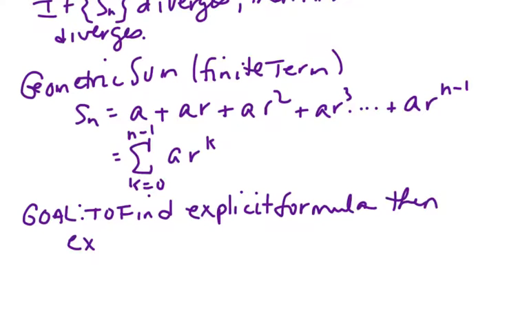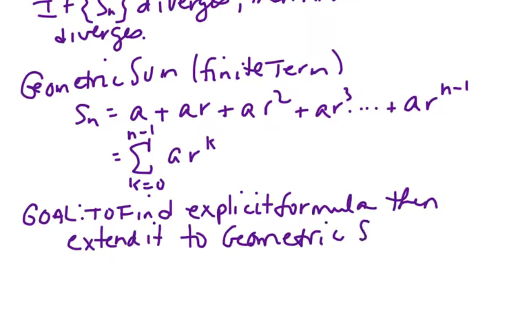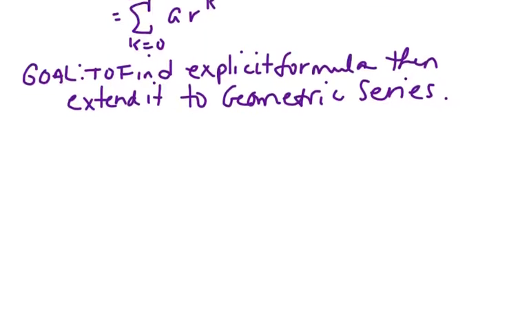So we'll go from the geometric sum to the geometric series. Okay, so what does that algebra look like? This is actually proving a formula. We'll do a little bit here. So the algebra for the formula of the geometric sums is going to look like this.